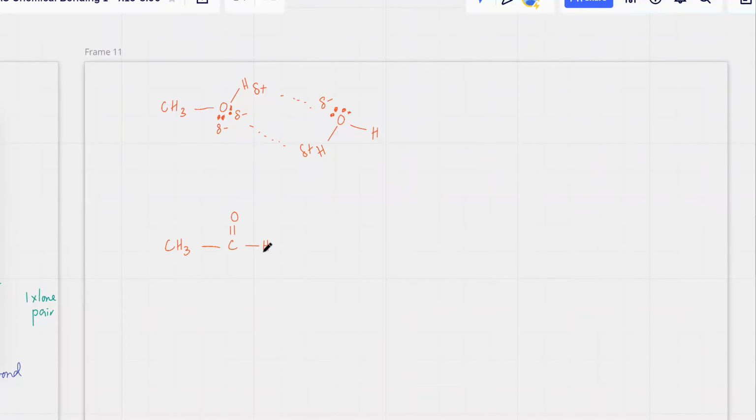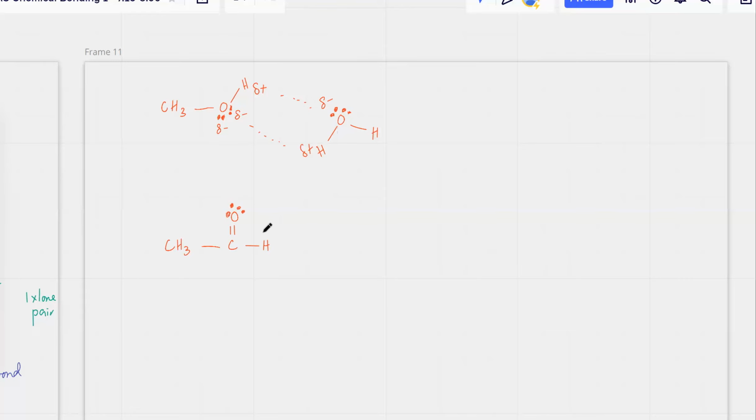Does it meet the conditions? No. This one is not meeting the conditions because the O is not directly bonded to H, but it's meeting the other condition that the lone pairs on oxygen are available. So one of the conditions is met, the other one is not met.